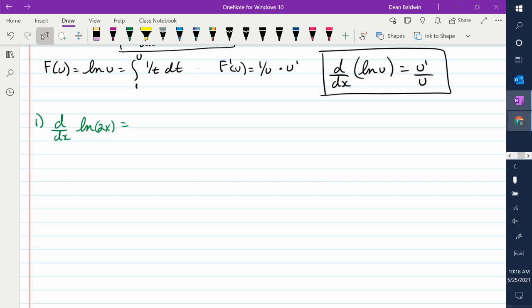Use the second one here, u prime over u. So our u is 2x, what you're logging. What's the derivative of the 2x? 2. The 2's cancel and you get 1 over x.